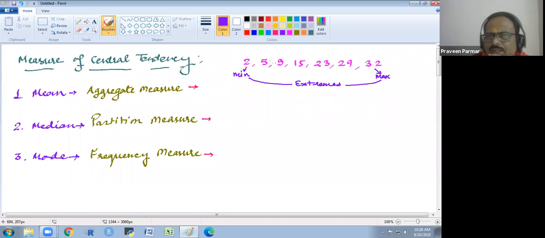So if you make some change in the extremes, either on the lower side, the upper side, or both sides, will the mean change or not? If instead of 2 you write 3 or 4, or you write 1, will the mean change or not? It will change, correct? It means if we change something in the extreme values, the mean will change.